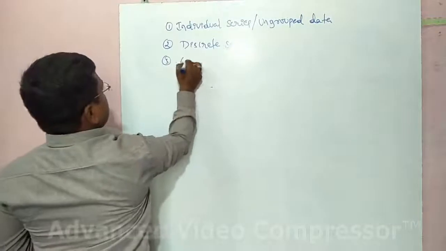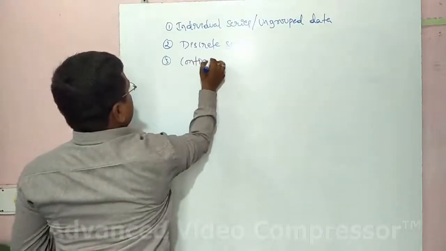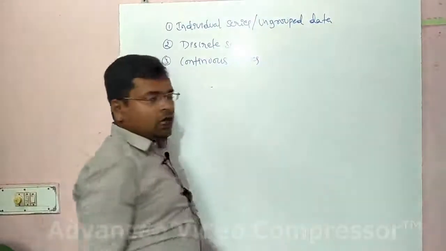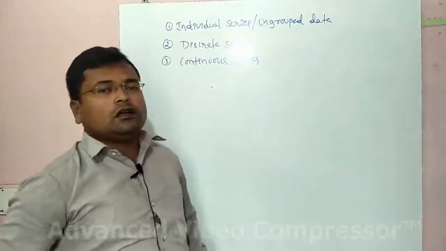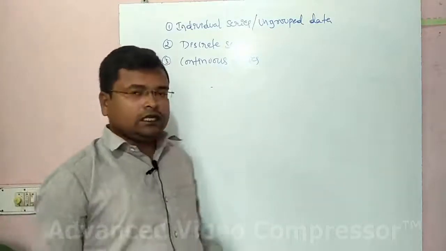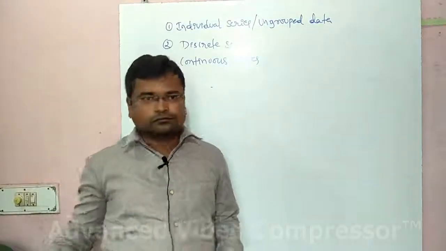And the third one is continuous series. So these are the three types of series for which we can calculate arithmetic mean. Let us discuss one by one.